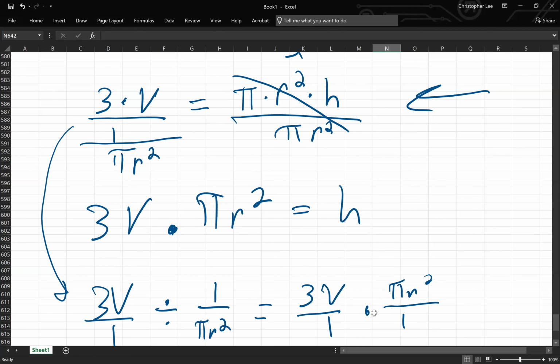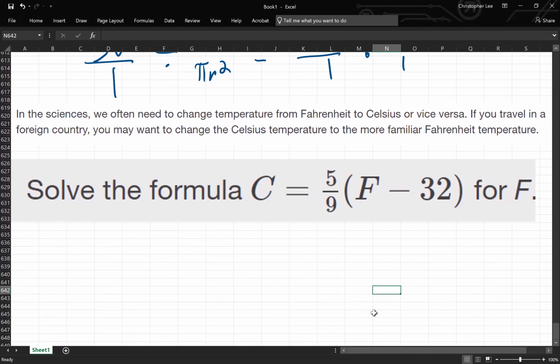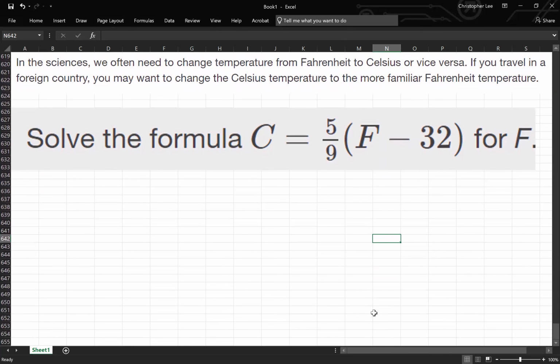We good? All right, try this. The answer is supposed to be a variable and a coefficient, or a variable by itself.